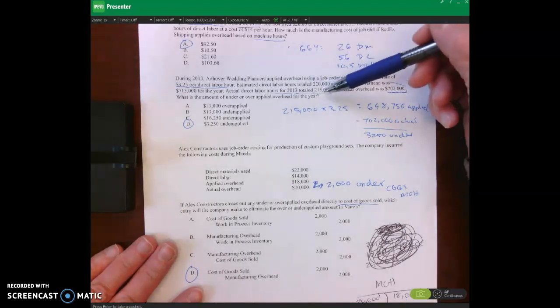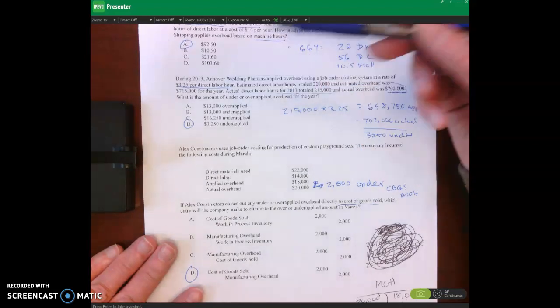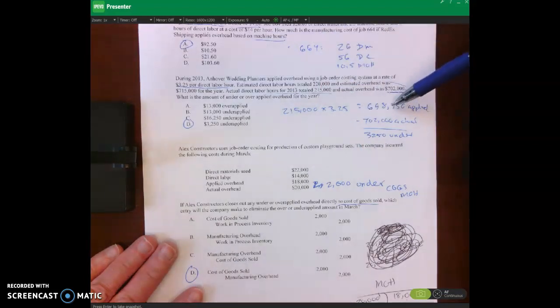We take the amount of allocation base actually used, 215 hours, times our predetermined overhead rate of $3.25 per hour, which gives us $698.75 of applied overhead. Then we subtract that from our actual overhead, which gives us $3.25, and it's underapplied because our applied is less than our actual overhead.